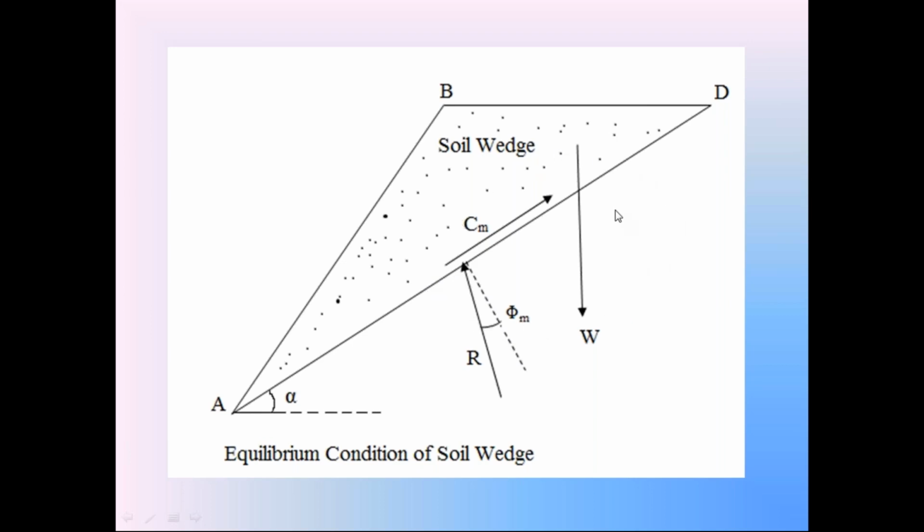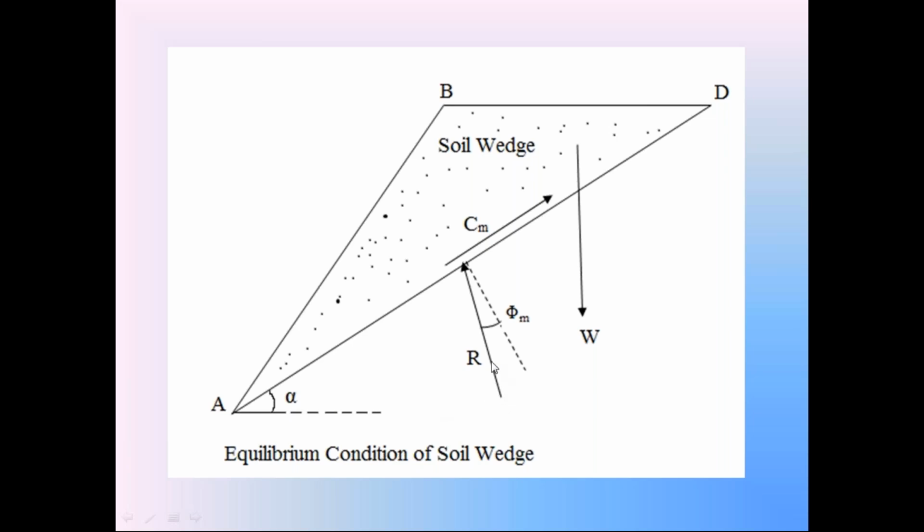So in the free body diagram of this soil wedge, three forces are there. One is W, for which we know the magnitude as well as the direction. Second is Cm, the mobilized cohesion force. We know only the direction, not the magnitude. It acts in the upward direction parallel to surface AD, so with the horizontal, the force Cm makes the angle alpha.